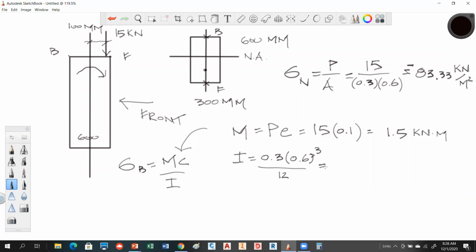I got a pretty small number. You guys check me, okay? 0.0054 meters to the fourth. Do you guys agree with that?